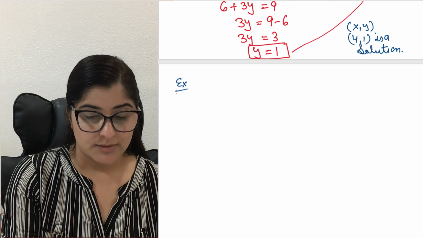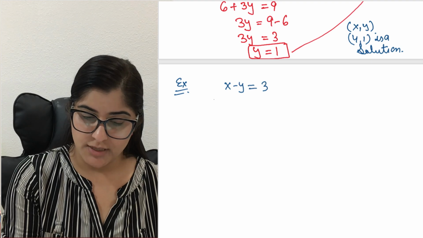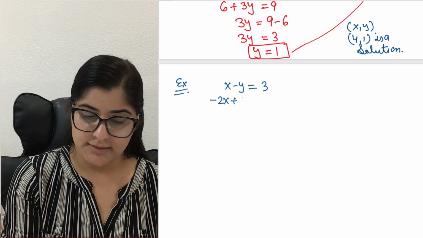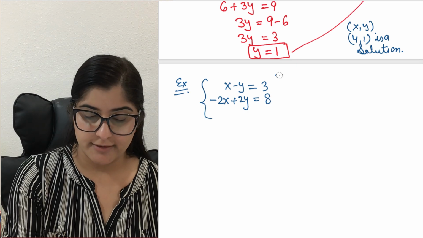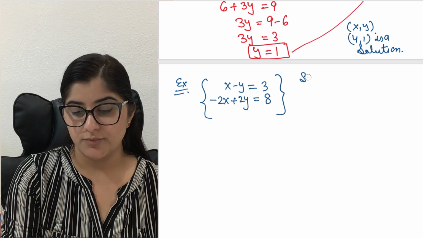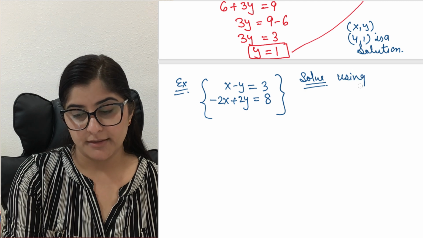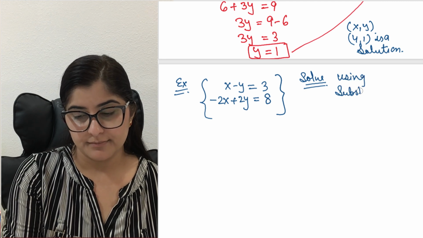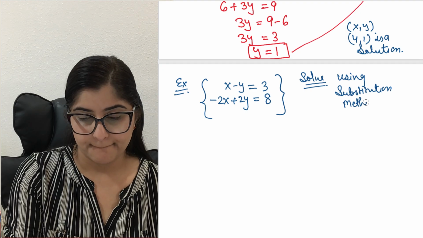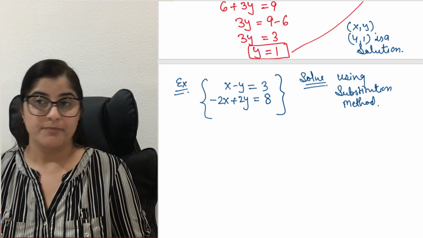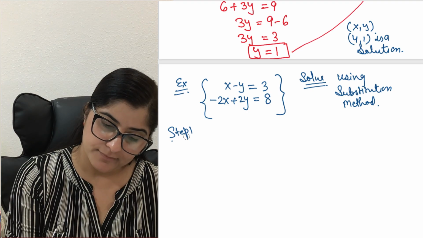So let's take an example. x minus y is equal to 3, and minus 2x plus 2y is equal to 8. Suppose we are given this system of equations and we are asked to solve it using the substitution method. So step 1 is to isolate one variable.